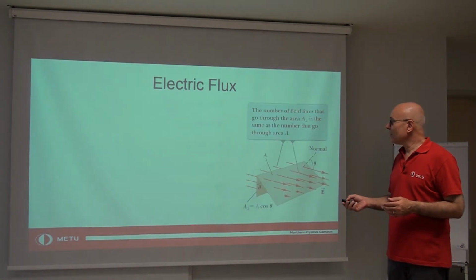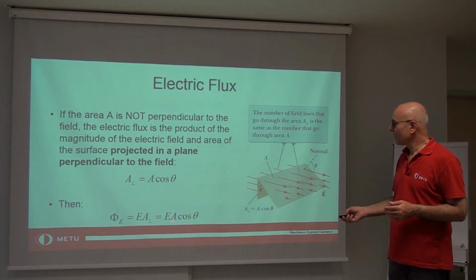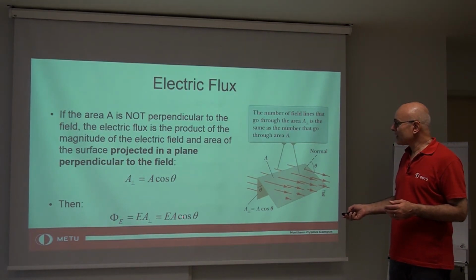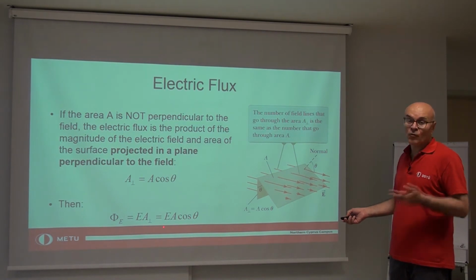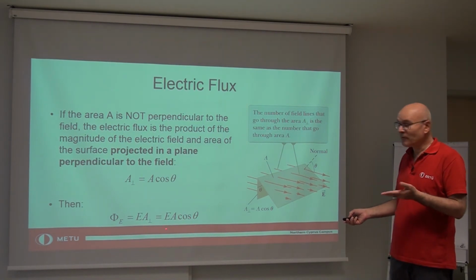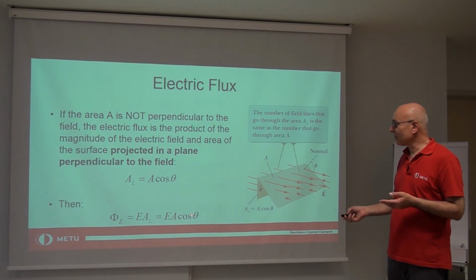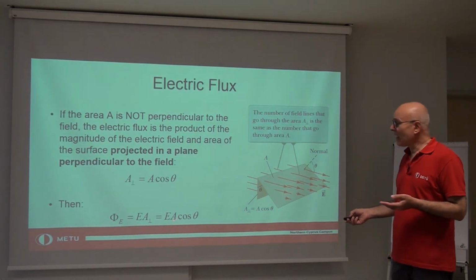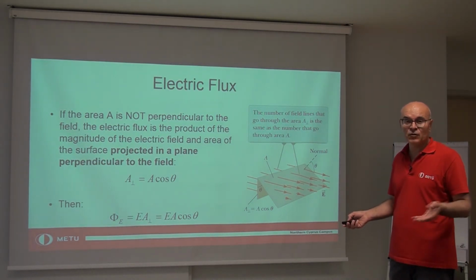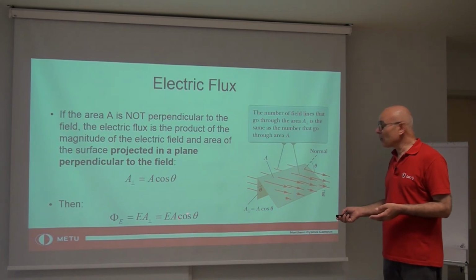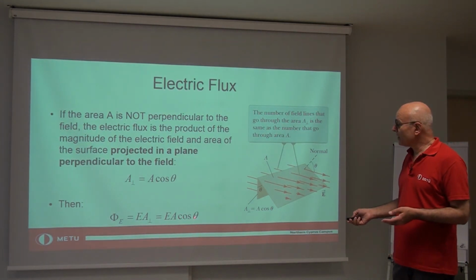Now, evidently, from this formula, for a given E and a given surface, the flux can be positive if cosine theta is positive, can be 0 if cosine theta is 0, in this case theta equals pi over 2, and can be negative if cosine theta is negative. Cosine theta is negative if the angle between E and the normal is between pi over 2 and pi, and it is positive when theta is between 0 and pi over 2.